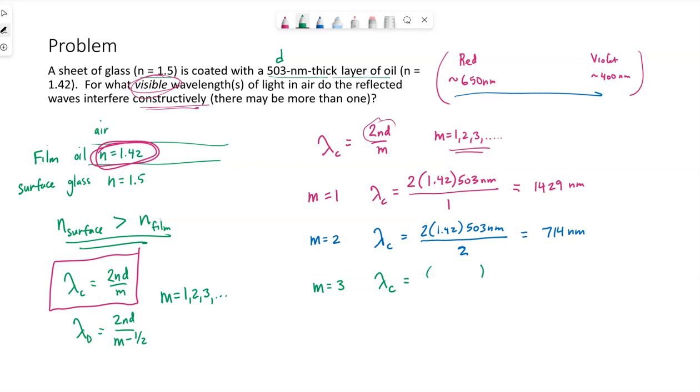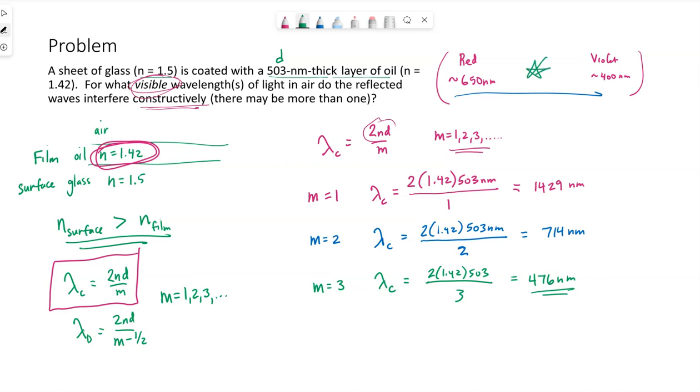So all the same stuff over 3. Now I'll write it out. 2, 1.42, 503. 476 nanometers. This one is in this range, so this one's visible.